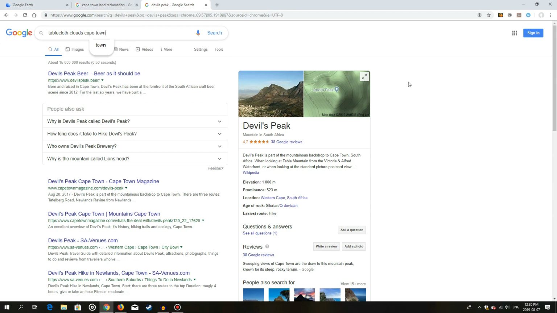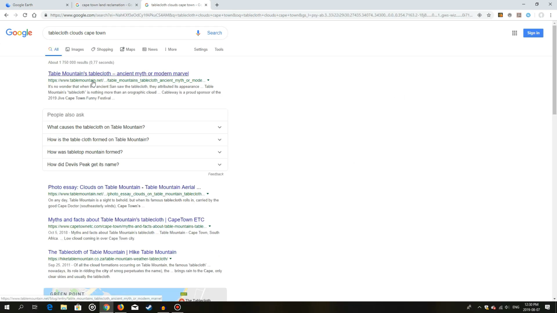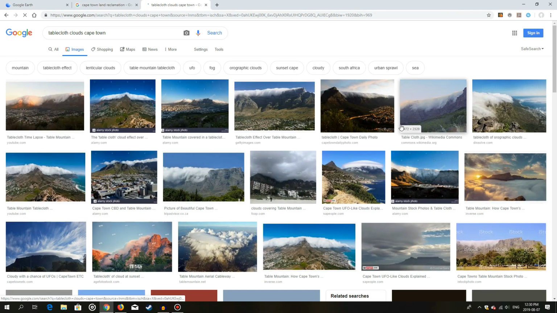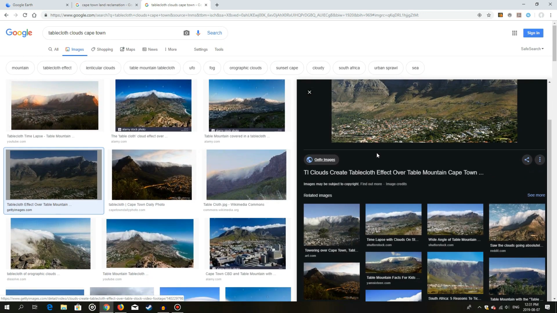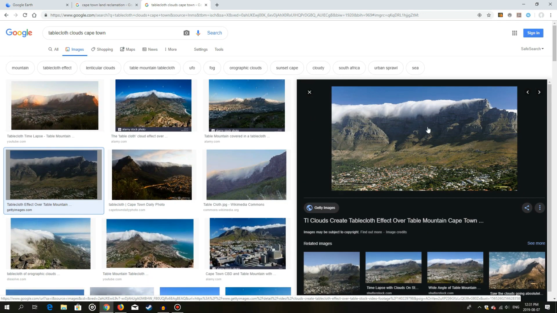Cape Town. Cape Town's tablecloth, ancient myth or modern marvel. Let's just have a look at the images. You see like this, then the clouds kind of spill over the mountain there. And there's this whole story again in relation to Devil's Peak, where way back in the Dutch colonial era, the reason why there is this cloud is because I don't remember the guy's name.